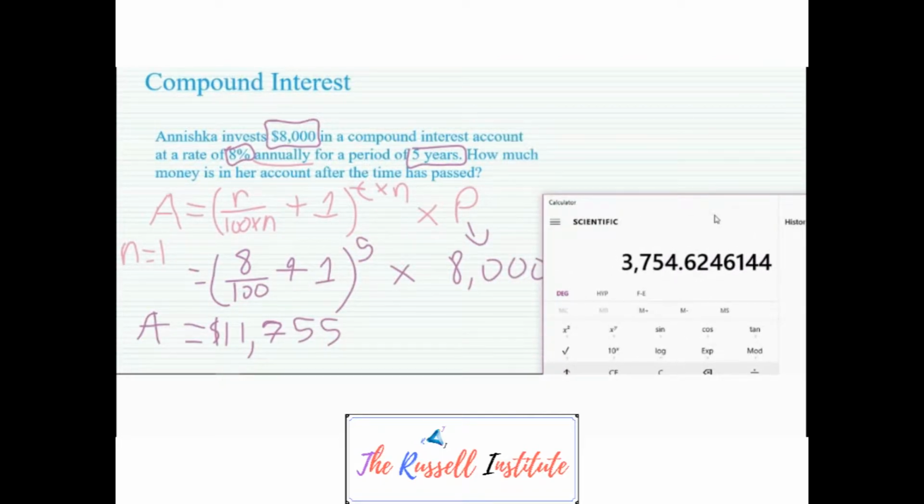And there you go. So the actual interest is $3,755. $3,755 is the interest, but the new amount is $11,755. It is as simple as that. Let's work another question and see how easy this can become.